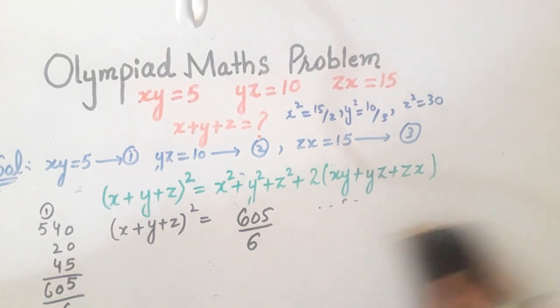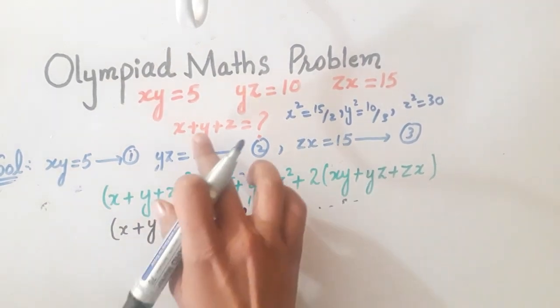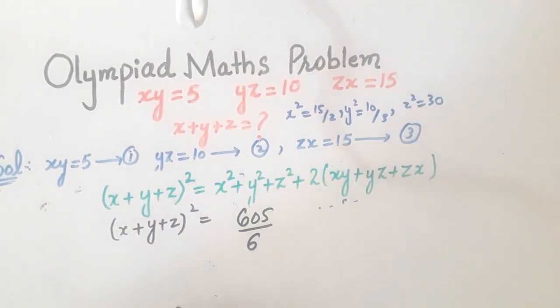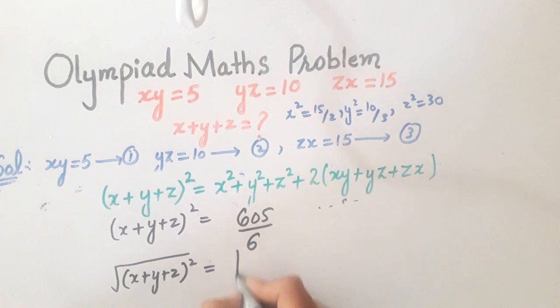Now we will solve this further because we have to find just the value of x plus y plus z. So take the root on both sides. So root of 605 by 6.